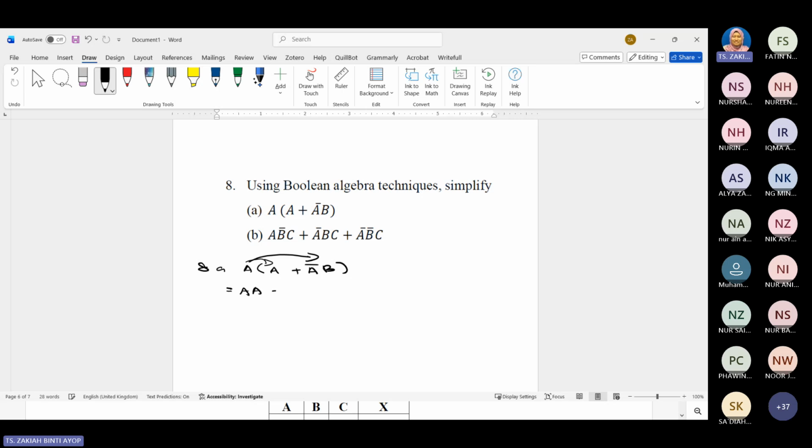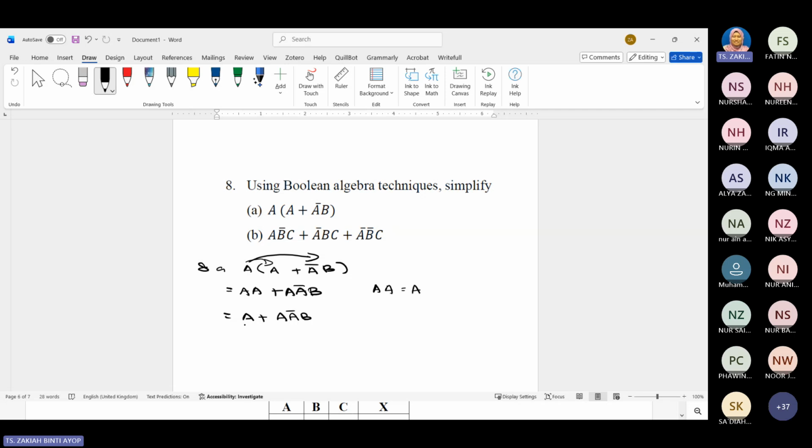So, AA plus A bar dot B. Remember the rules that have been given. AA is equivalent to A, so you will have A plus A bar dot B.